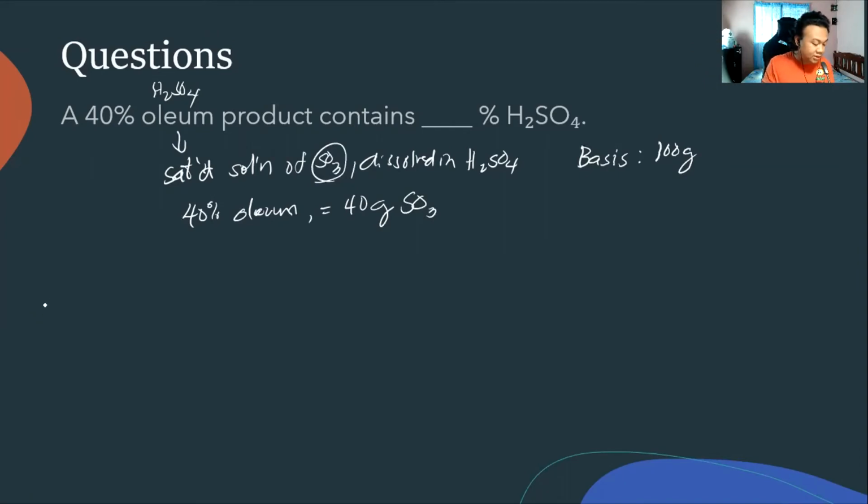So a formula na to is mass of H₂SO₄ formed, then plus mass of H₂SO₄ already present in oleum.